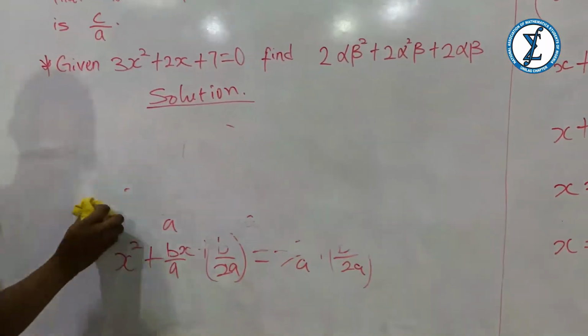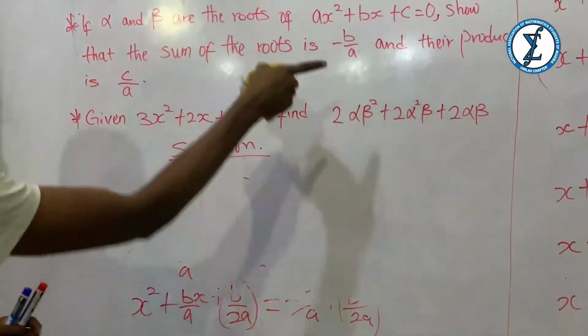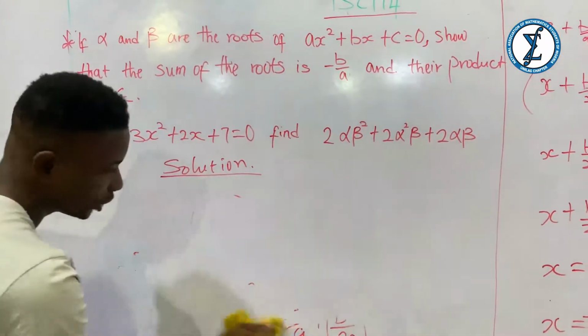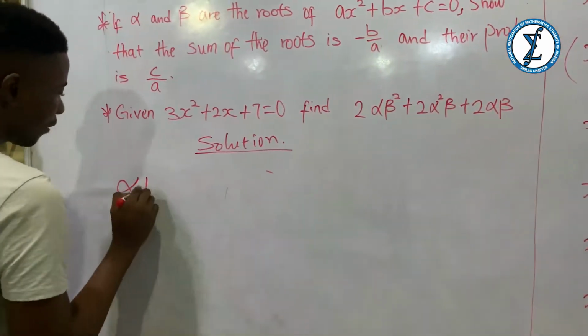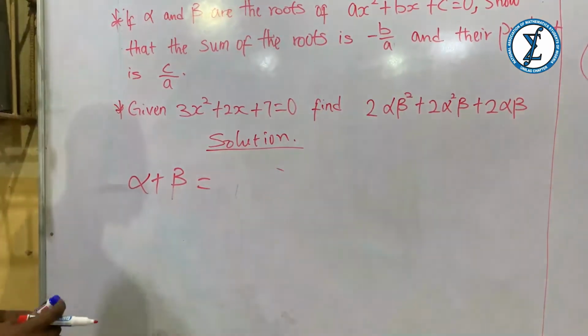Now, let me quickly wipe off this side. The question says, if alpha and beta are the roots, okay? So we've gotten the roots to be that. So let's say alpha plus beta gives me what?